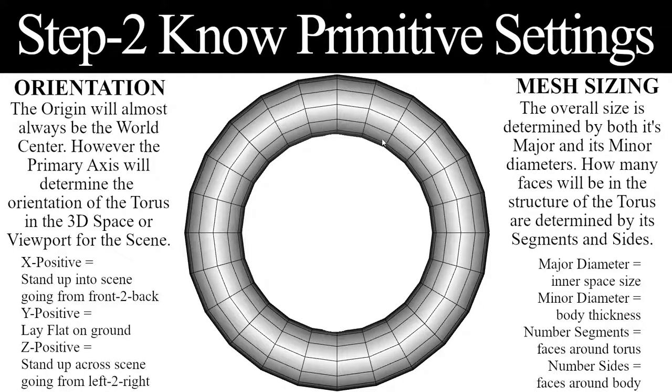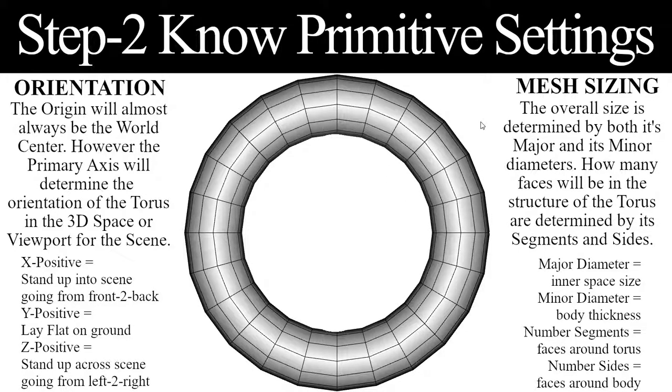And of course the number of sides, that would be in the circle shape here. The number of sides would be how many polygons or faces are going to be used to go around the actual body.